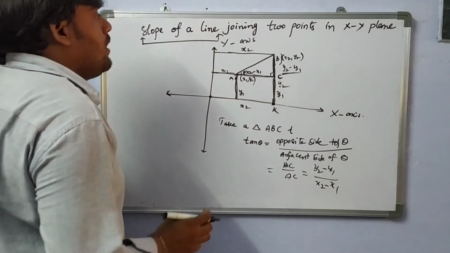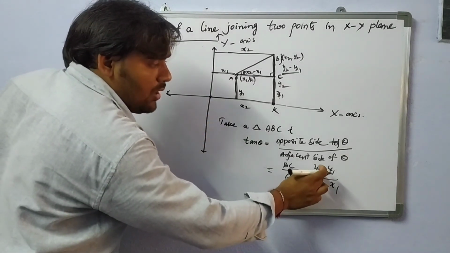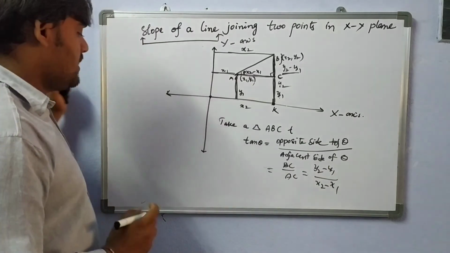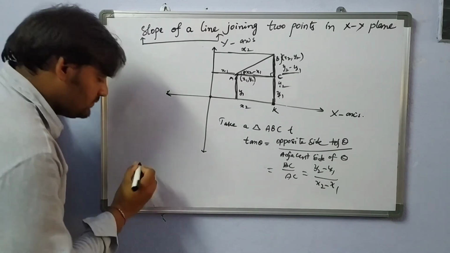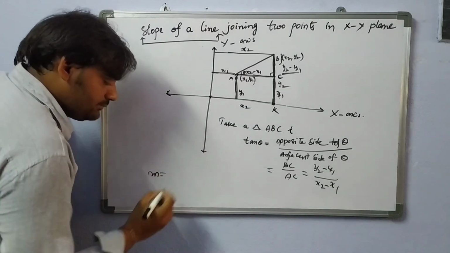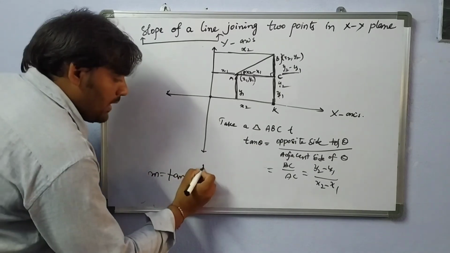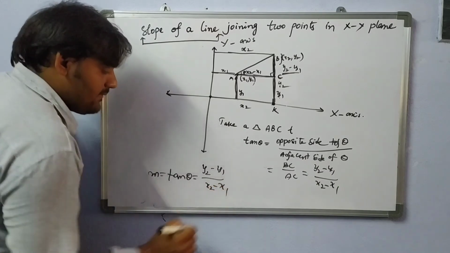So the slope of a line joining 2 points in xy plane is tan theta equal to y2 minus y1 by x2 minus x1. Generally, slope of a line is also represented as m. So m is equal to tan theta is equal to y2 minus y1 by x2 minus x1.